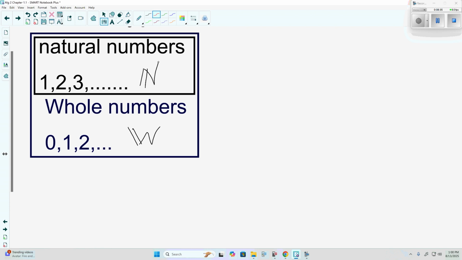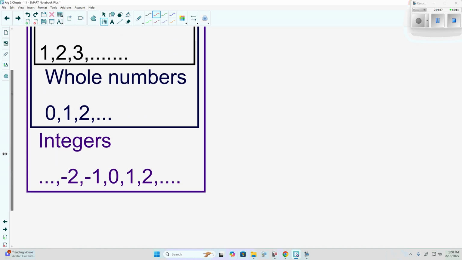And part of the reason we don't talk about it much is because, well, if we're going to talk about 0 and positive numbers, we're just going to say the positive or the non-zero integers. We talk about the integers over just the whole numbers. Or non-negative integers, because integers adds positive and negative numbers.